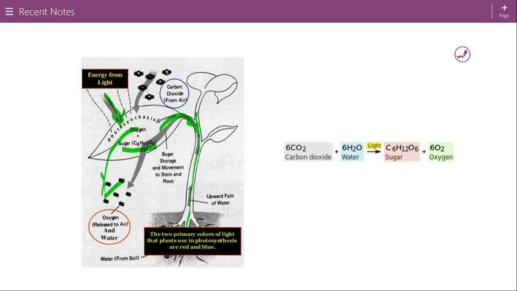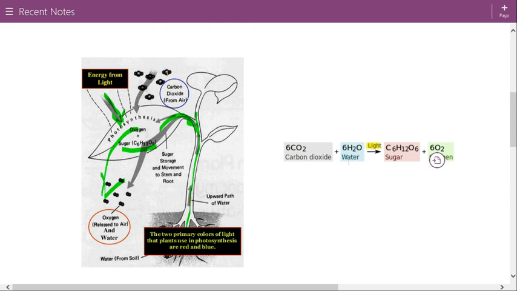So here again, we've got 6 carbon atoms that go right into the sugar, 12 hydrogen atoms, and 18 oxygen atoms. And then through the light, we're going to rearrange that to 6 carbon atoms, 12 hydrogen atoms, 6 oxygen atoms, and those other 12 oxygen atoms are going to become 6 diatomic oxygen molecules.